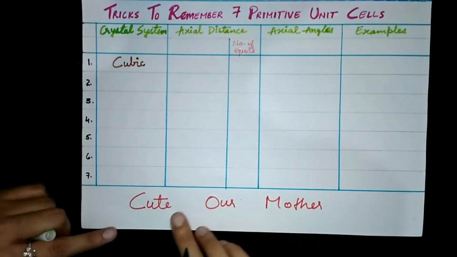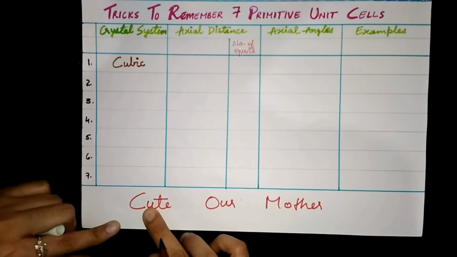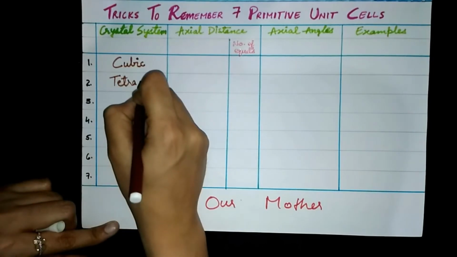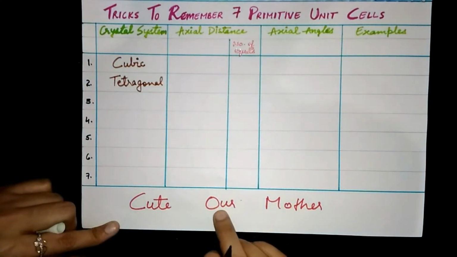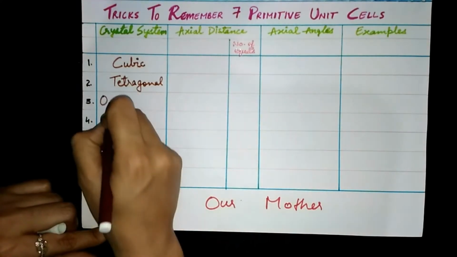Next is Te. Cu for cubic, Te for tetragonal. Then "or", that means OR you have to remember for orthorhombic.